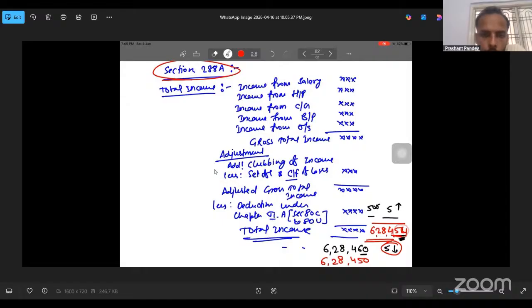There I have covered everything: what is clubbing of income and what is set off and carry forward of losses.